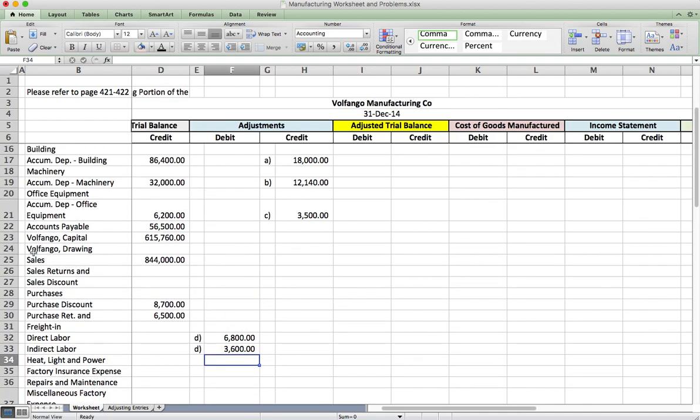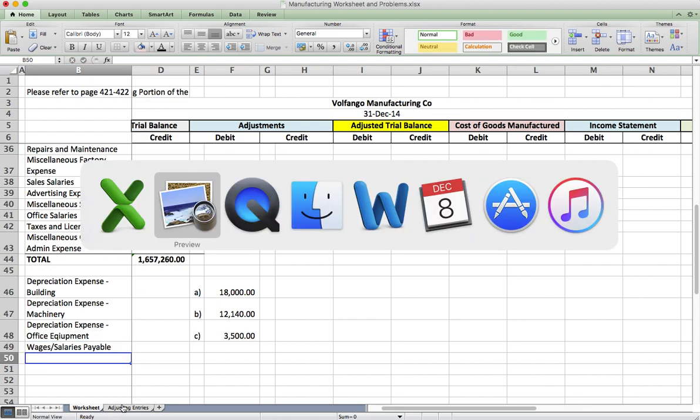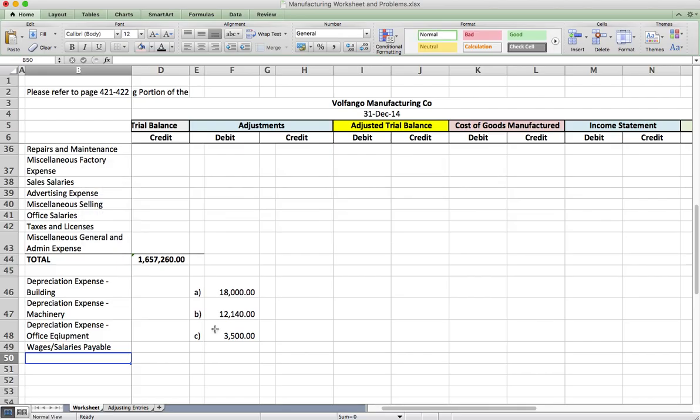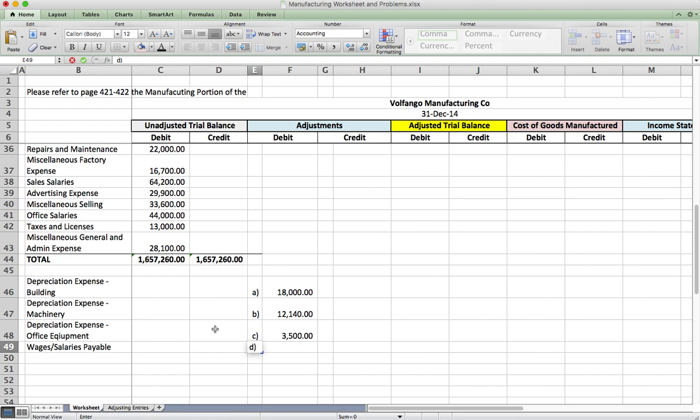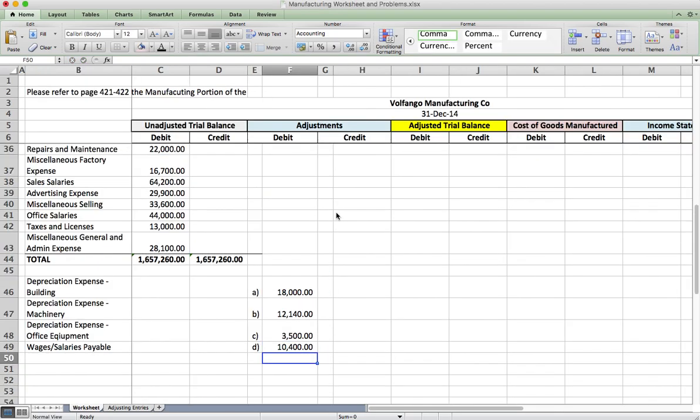Accounts payable lang. Pero, pwede naman accounts payable, pero mas maganda yung wages or factory salaries payable, mas specific. Tignan natin kung anong ginamit dito. Ayan, salaries and wages payable. Okay. Letter D. Magkano yung total nun? 10,400. Dapat credit pala. Yan, credit.